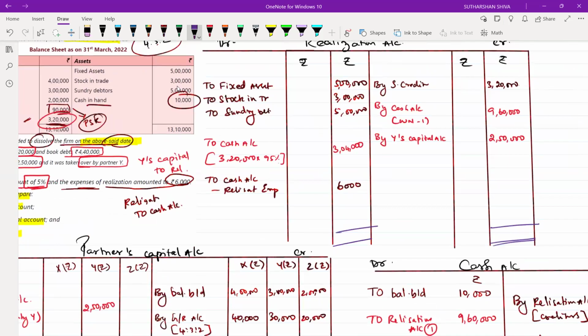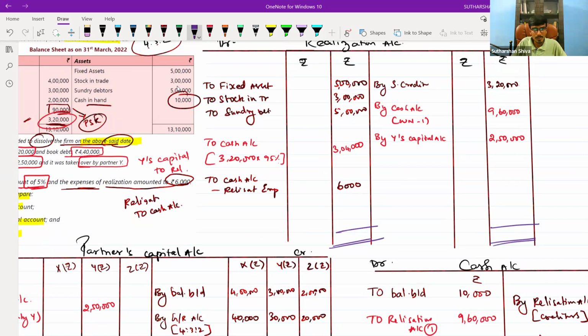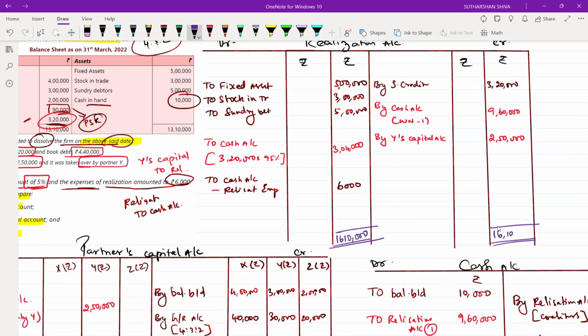Realization account. The values are 3,20,000 plus 9,60,000 plus 2,50,000. Calculate both sides. One will do the debit side and one will do the credit side calculation. 5, 10, 13, 16. 16,10,000, right? Yes, sir. 16,10,000.